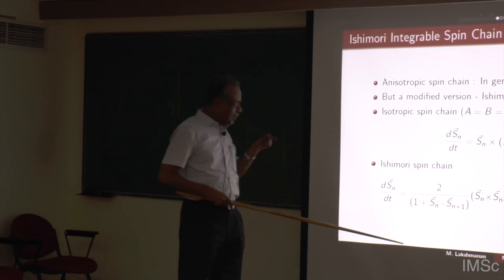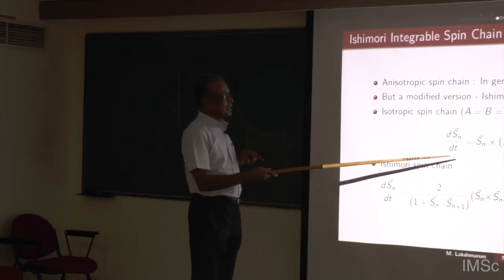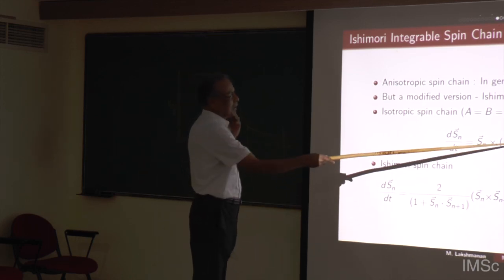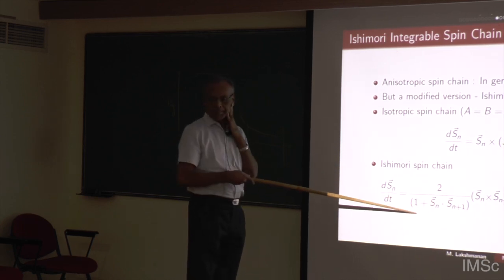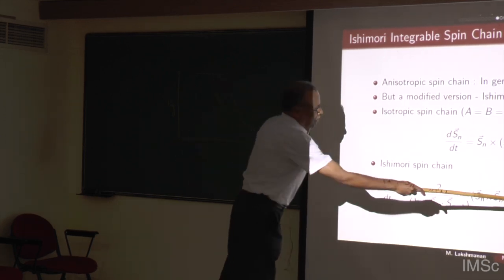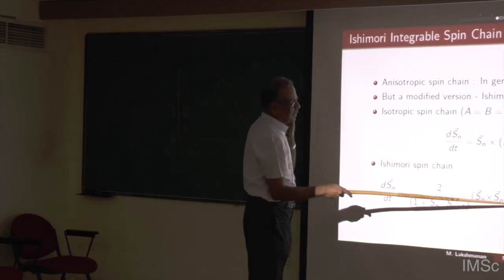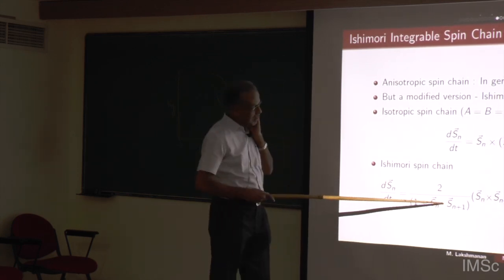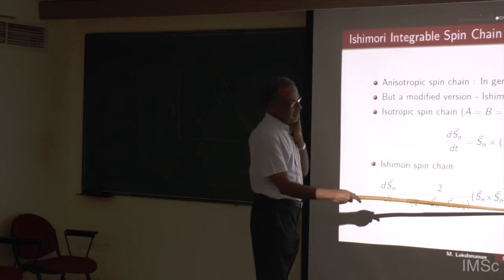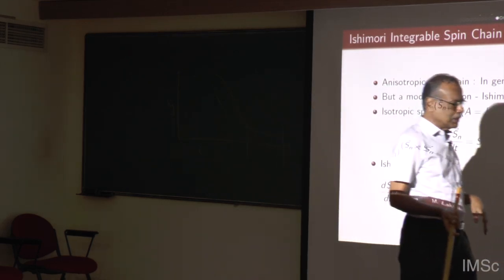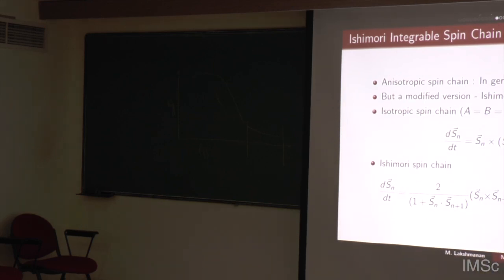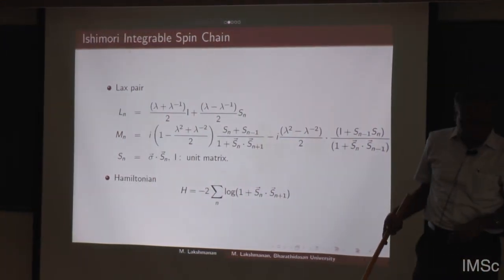But if you make a small change in this evolution equation, instead of Sn cross Sn+1, if you introduce this additional term, similarly Sn cross Sn-1, so Sn dot Sn+1 and Sn dot Sn-1, this equation is completely integrable in the sense I can find a Lax pair and solve the initial value problem.